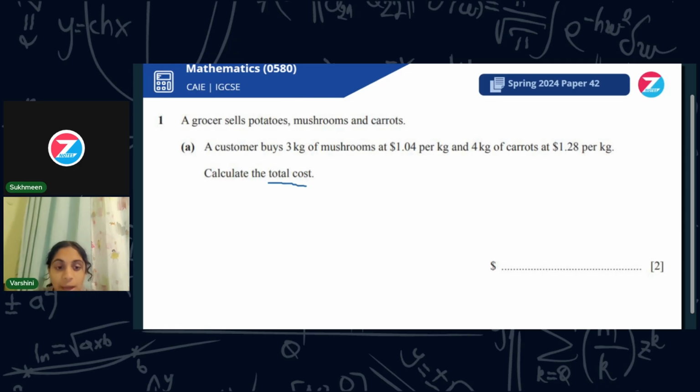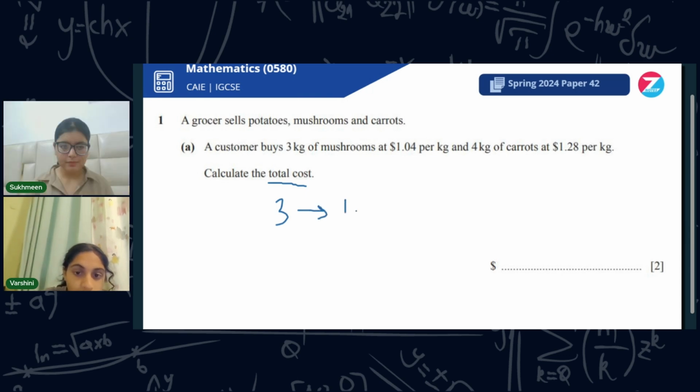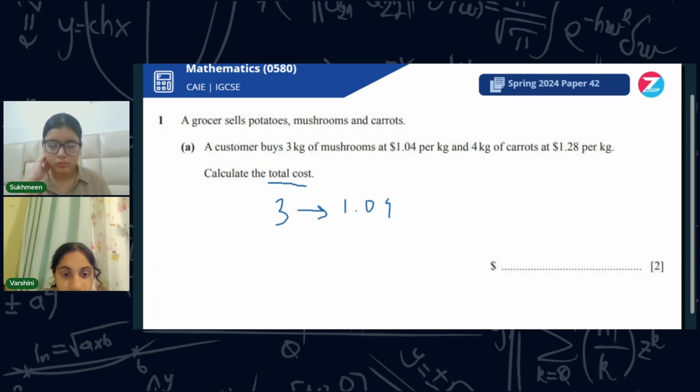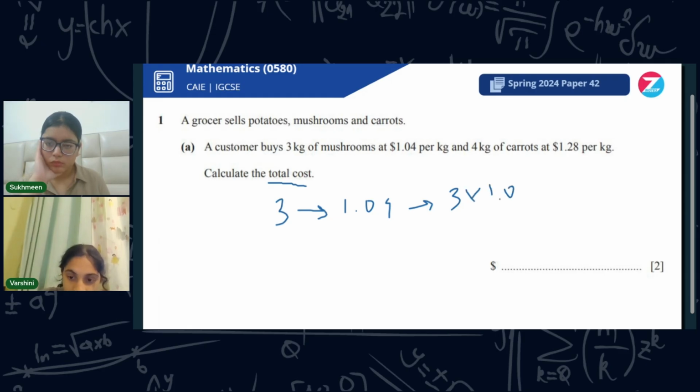Okay, so first, we know that we have to calculate mushrooms plus carrots. 3 kgs of mushrooms are all being sold at 1.04 per kg. So if 1 kg is being sold at 1.04, 3 kgs is going to be 3 times 1.04.